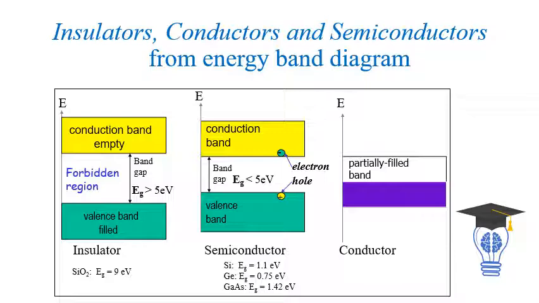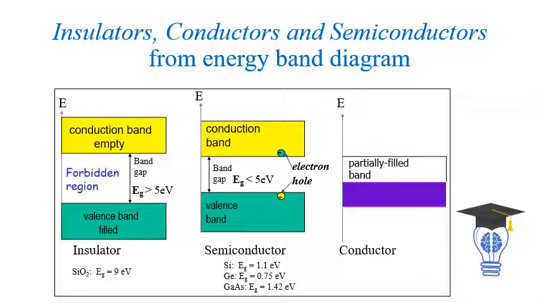There is a variety of materials wherein a moderate energy, not high, is required to move from the valence band to the conduction band. That is less than 5 electron volts. For silicon it is 1.1 electron volts, for germanium it is 0.75 electron volts, and so on.